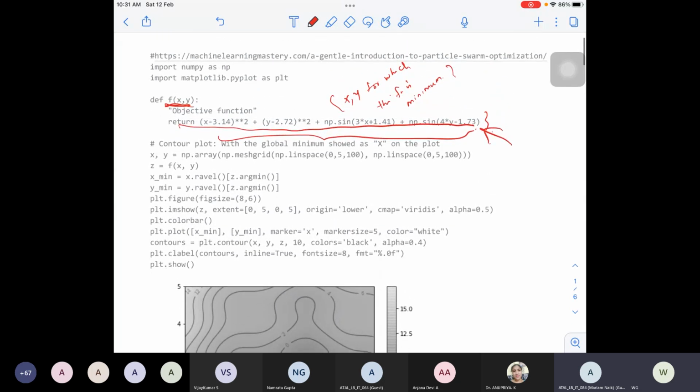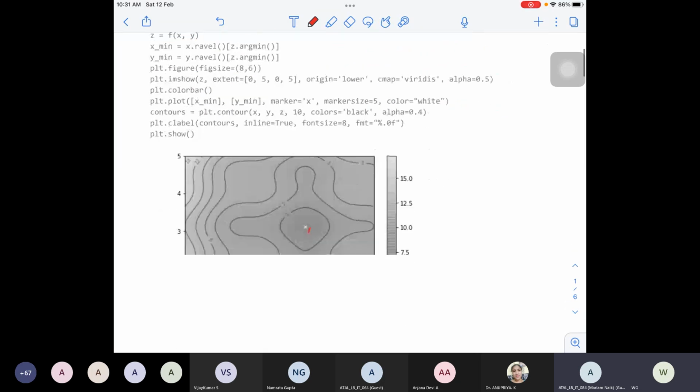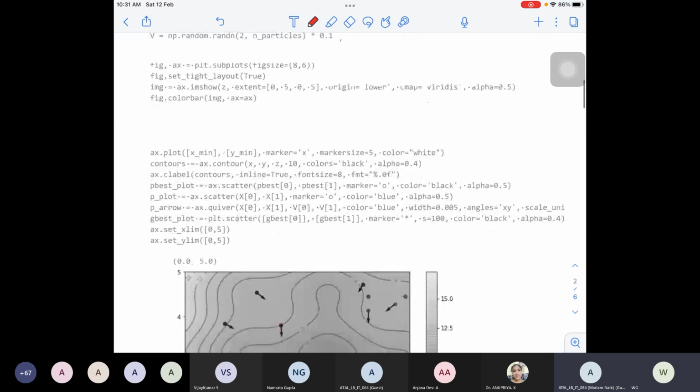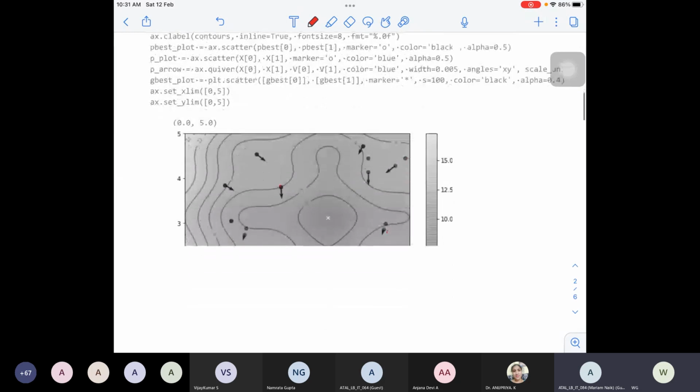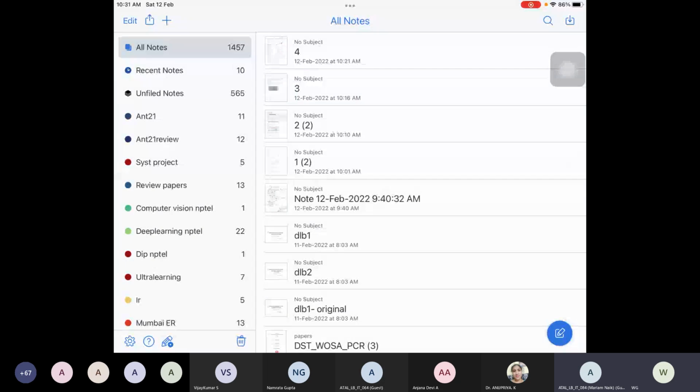Whether you are able to get to the solution or not, you can check with respect to the various problems. So these three, C1, C2, and W, you can also vary in order to see what solutions you get, right? So now we'll go to the next thing.